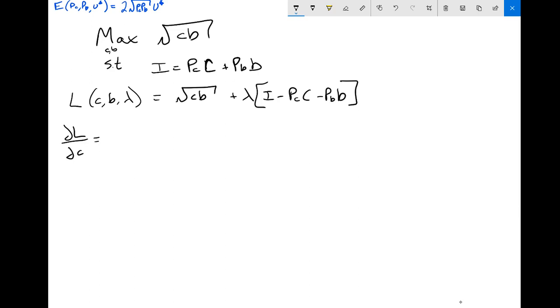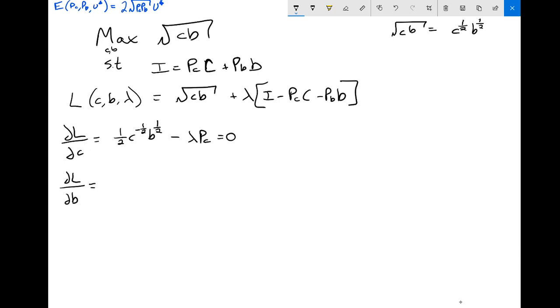Okay, and remember, the square root of C times B is the same thing as C to the 1/2, B to the 1/2. I think that makes this a little bit easier. So then let's take the derivative of this. That'll be 1/2 C to the negative 1/2 times B to the 1/2 minus lambda PC, set it equal to 0, first order condition.